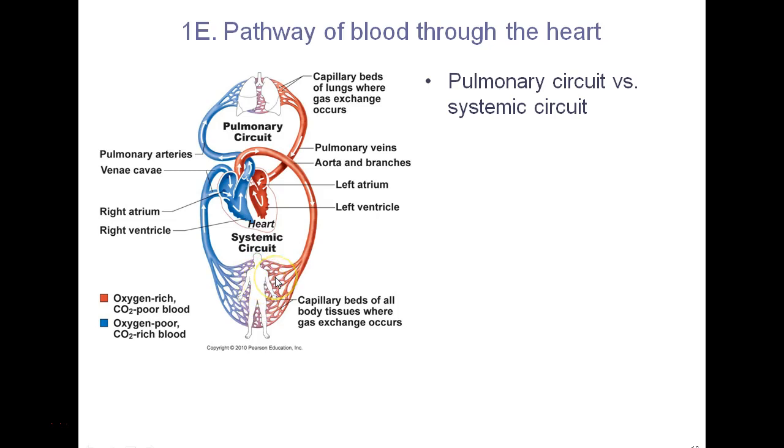We're going to perfuse. And then after we've dropped those substances off at the tissues, we pull that blood back together through venous structures. Again, things like the hepatic portal vein or the inferior vena cava come back to this right atrium of the heart. So in summary, that is how the systemic circuit works together with the pulmonary circuit.